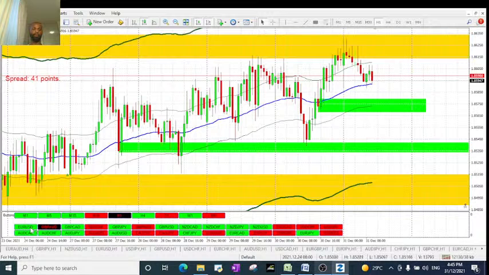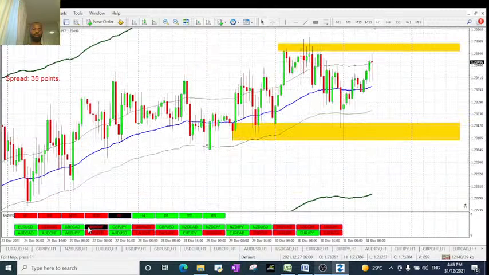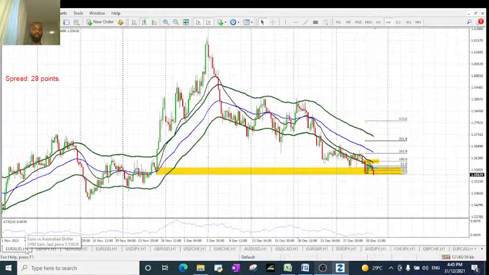So pound Australian dollar. So what's going on with it?